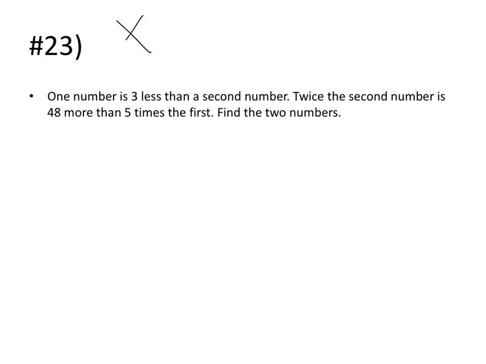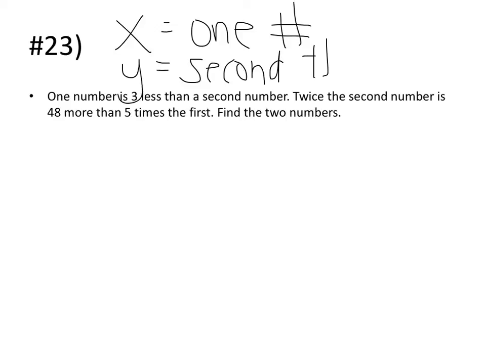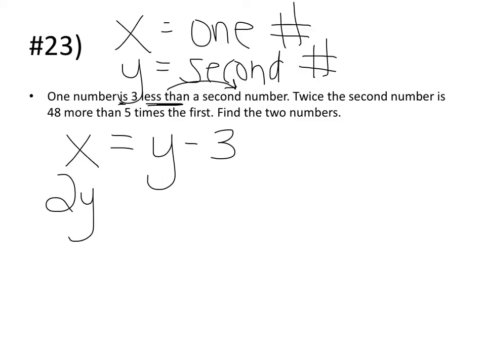So here we're going to do again. X is our one number, and y is our second number. Okay, so one number, x, is 3 less than, remember that goes to the end, a second number, so y minus 3, twice the second number, so 2y is, that's equals, 48 more than, so we know that's going to go to the end, so we're going to have plus 48 on the end, 5 times the first, so 5x.